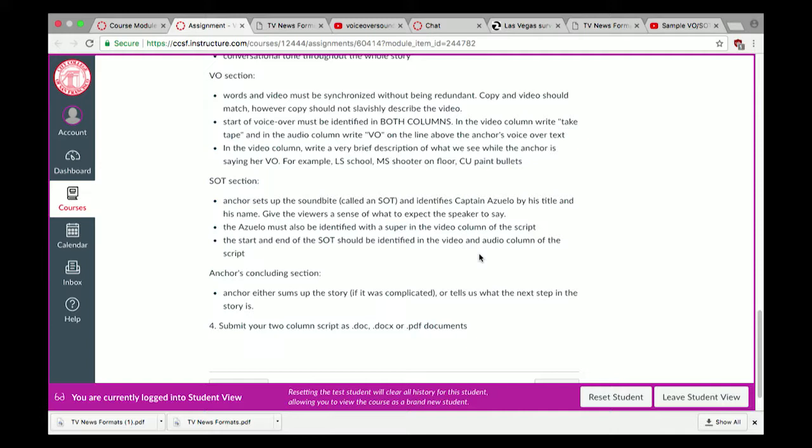And then the SOT, you're picking the best possible SOT. And the textbook is advising you to pay special attention as to how you lead into a soundbite and how you get out of it. Some of the easiest ways, or the laziest ways, let's say, would be, "Captain Azuelo told us this," and then you play the sound, and that's kind of boring.